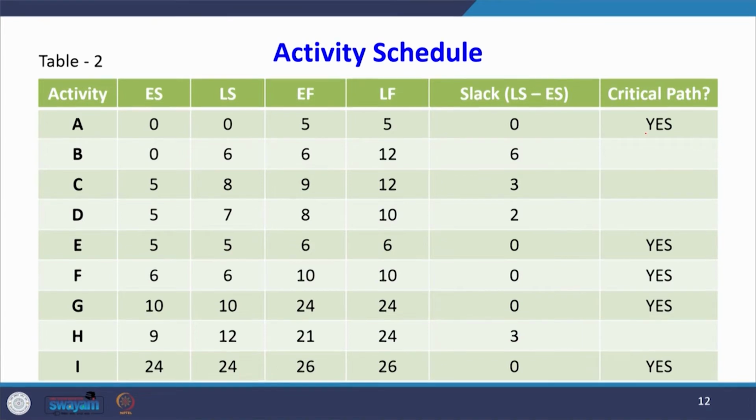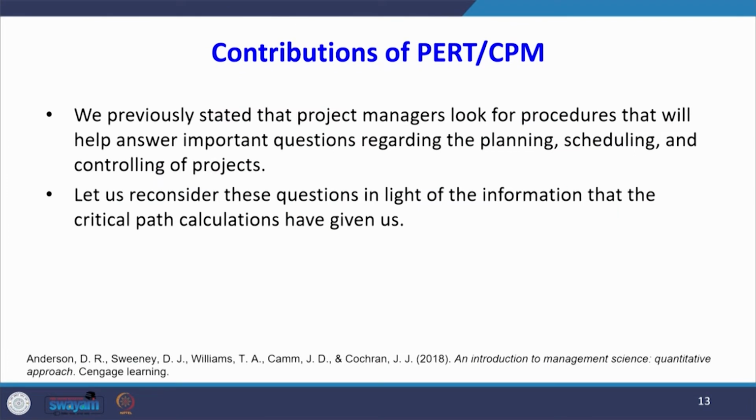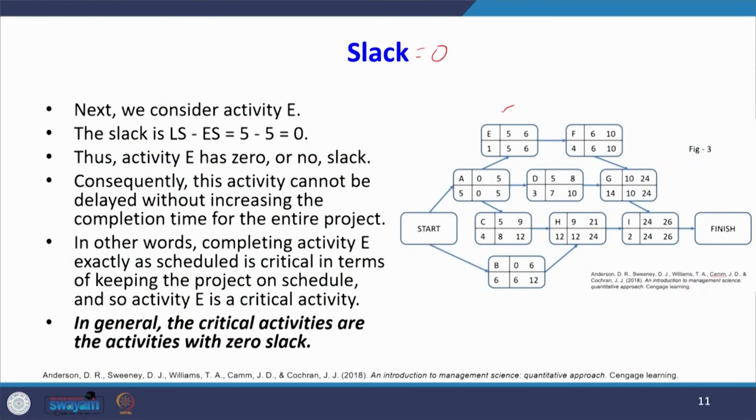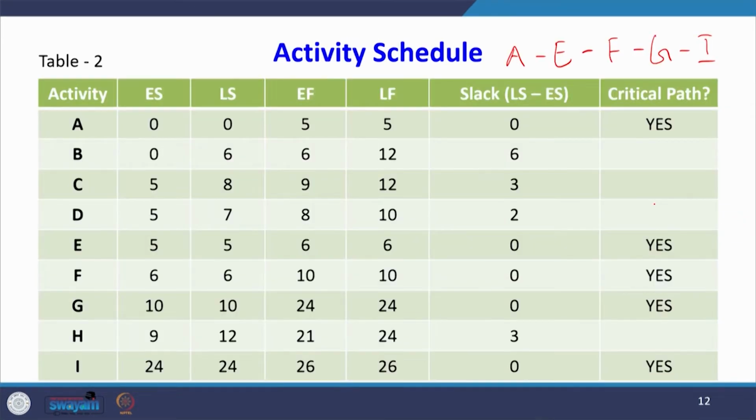What is the critical path? A is there, the next one is E, the next one is F, next one is G, next one is I. So, A, E, F, G, I is our critical path.